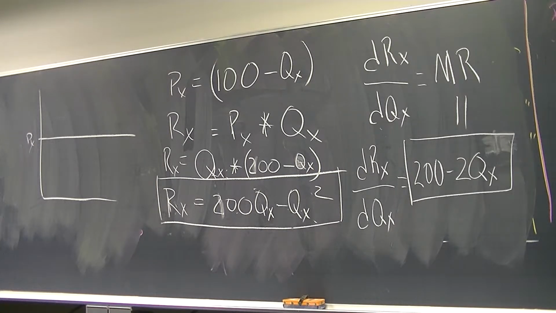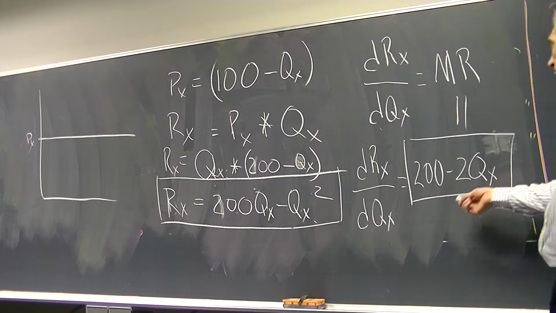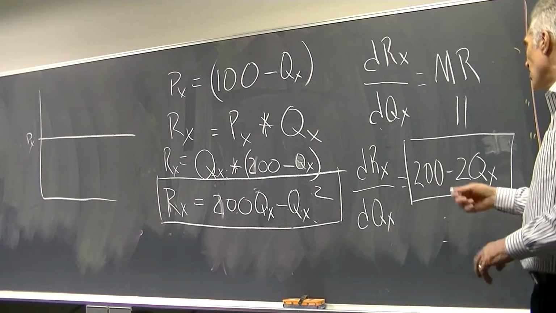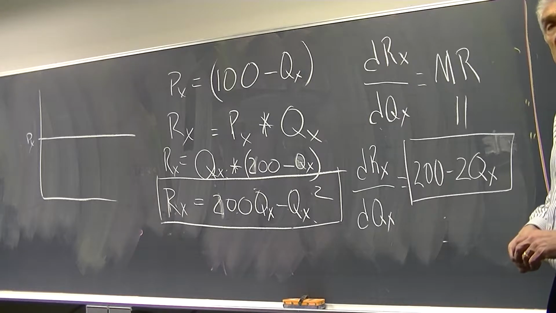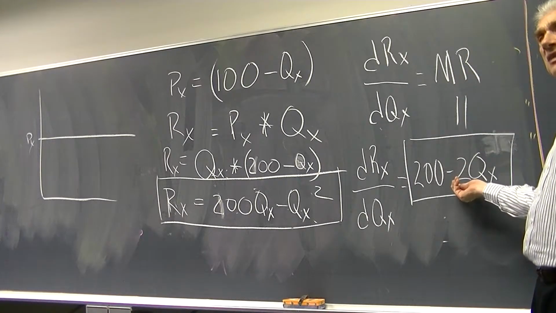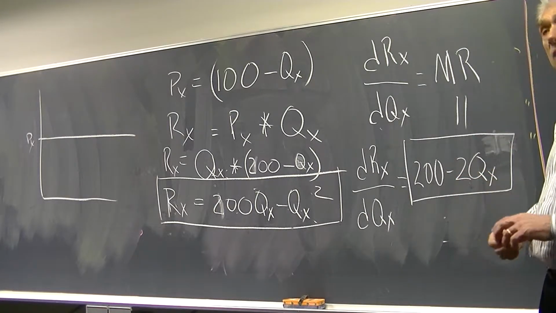That's the marginal revenue. So when Q_X is 0, the marginal revenue is 200. Q_X is 1, marginal revenue is 198. Q_X is 2, marginal revenue is 196. That's how you calculate, at every point, the instantaneous change.